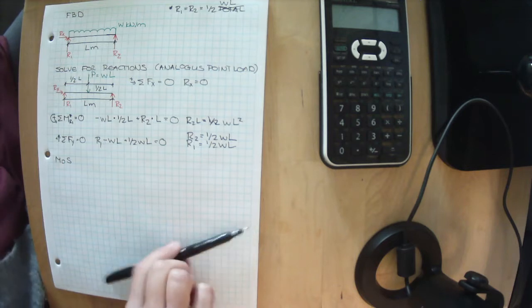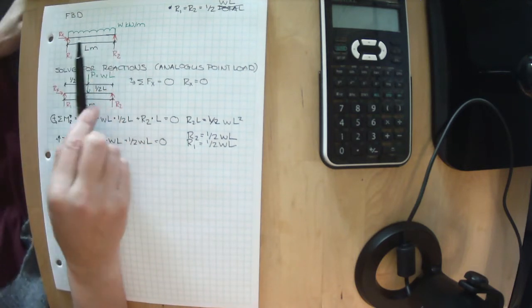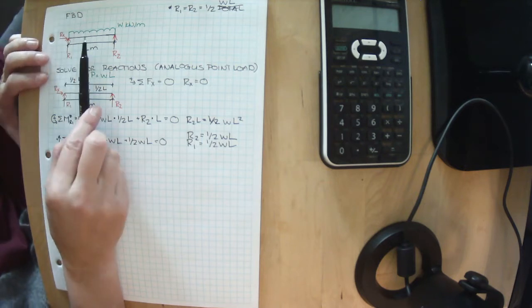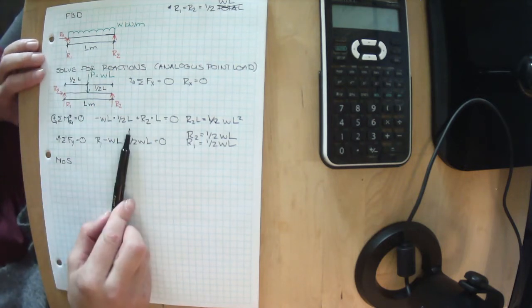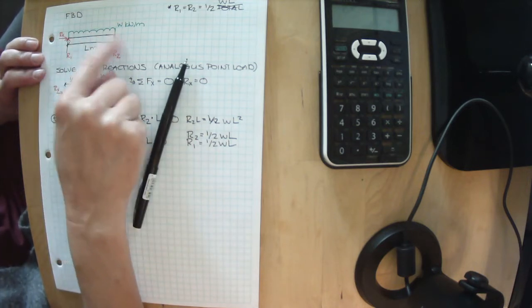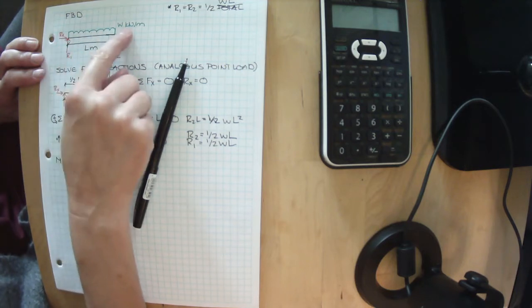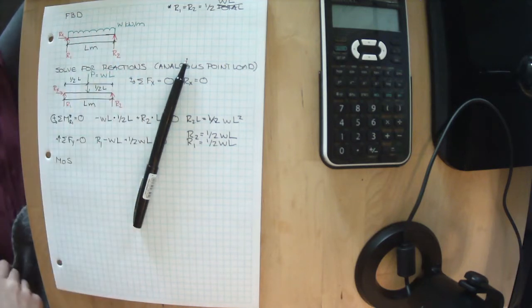All right. So we want to cut somewhere along this length, but what we care about is everywhere there's a change happening. Well, there's a change happening everywhere along here, but at least it looks like the rate of change is the same. Every meter, another W kilonewtons is added to this.